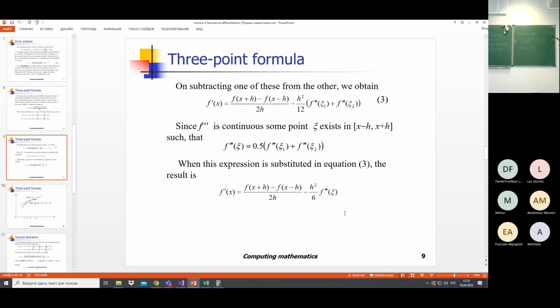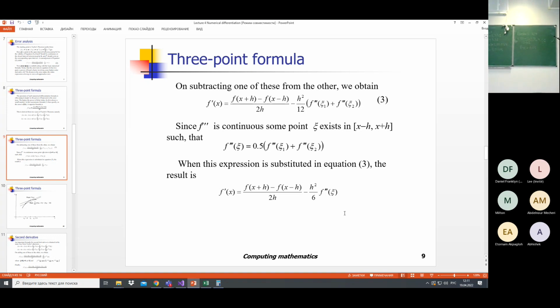Why? Because h is actually a small value. H is smaller than 1. And if we take h equals 0.1, the error term will have the magnitude of 0.01, h squared. If you take h equals 0.01, h squared will be 10 power minus 4.